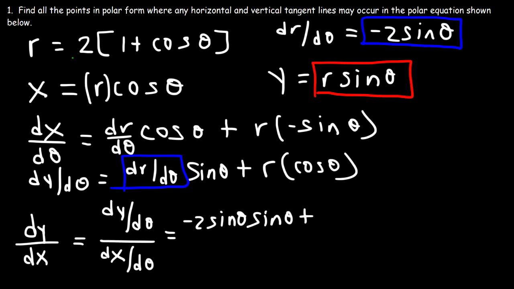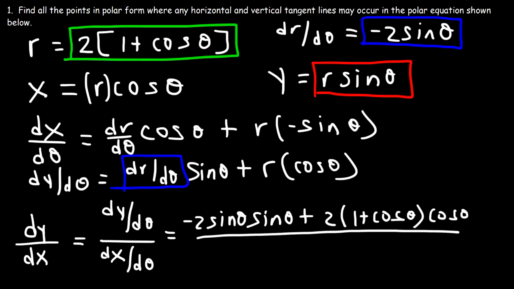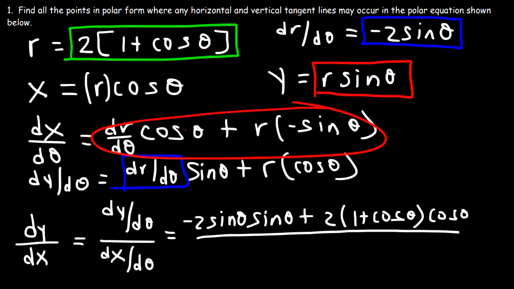And we can see that r is equal to that expression. So that's 2 times 1 plus cosine, times another cosine θ expression. And then it's divided by dx/dθ, which is all of this.